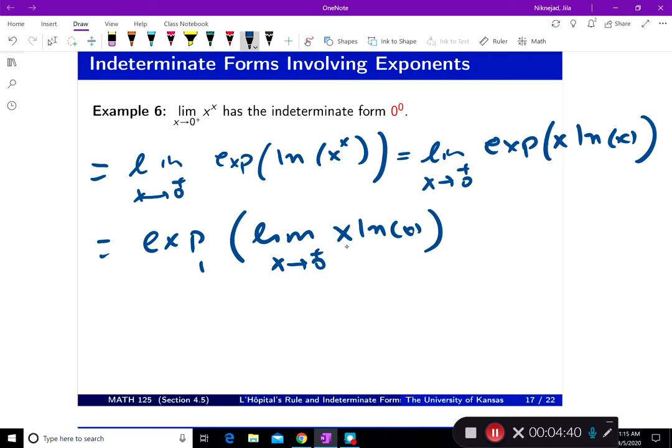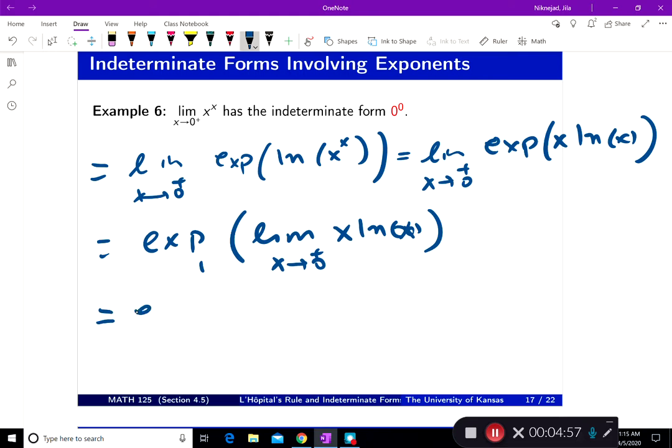Now, x natural log of x is of the form 0 times infinity, and therefore I need to write it as infinity over infinity instead, by taking x to the bottom.